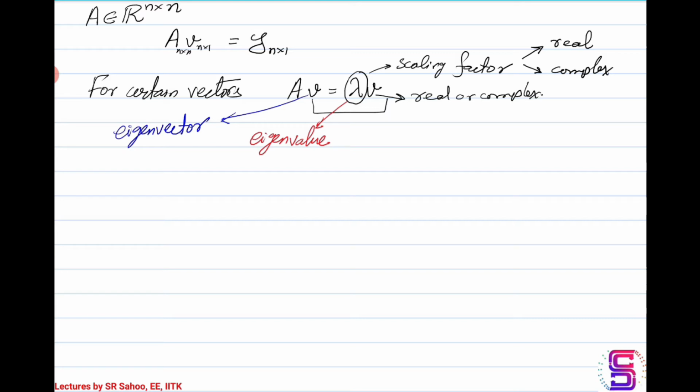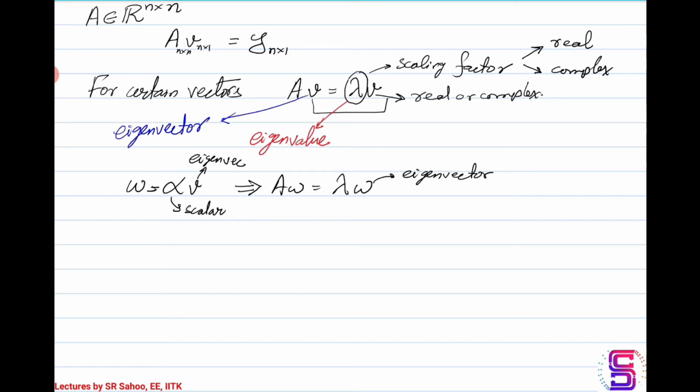so if you take, let's say, another vector W, which is some scaling of this vector V, and A acts on W. Okay, so if V is an eigenvector and alpha is some scalar, if A acts on W, then you will again get lambda W, indicating that W is also an eigenvector.